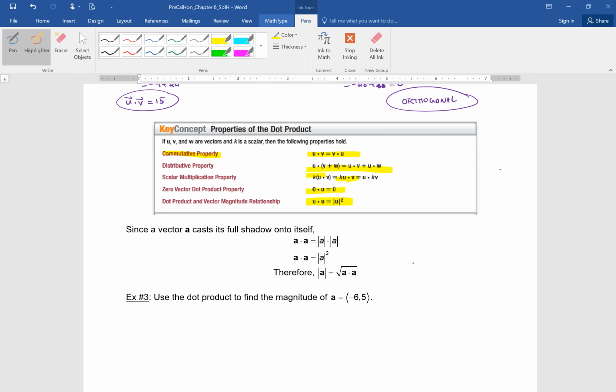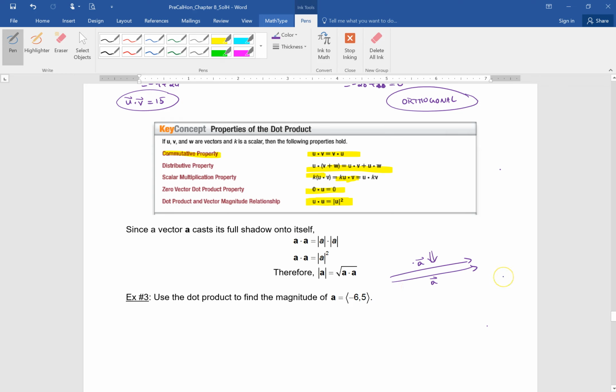All right. Suppose you have a vector A, and you clone that vector A here. Now you shine a light on this vector A. How much of that shadow will be on the vector A on the bottom? All of it.